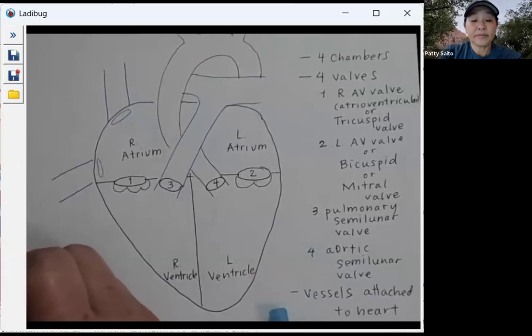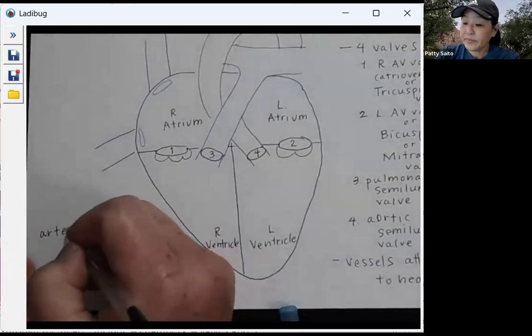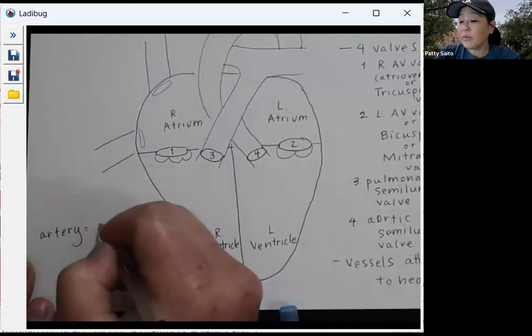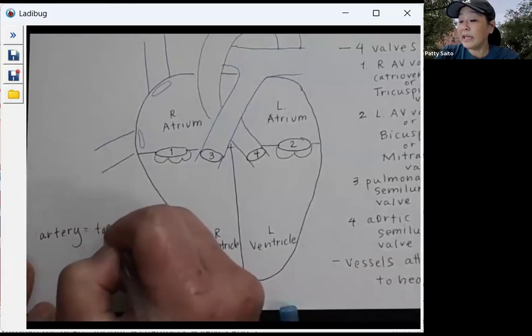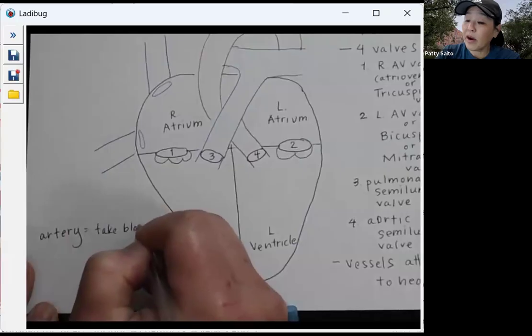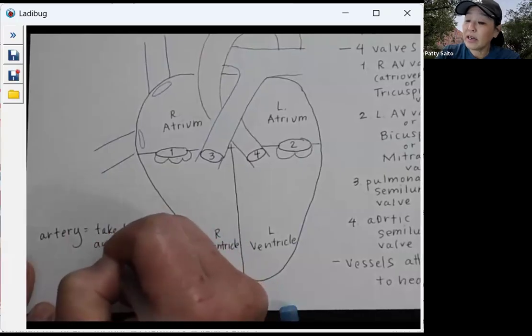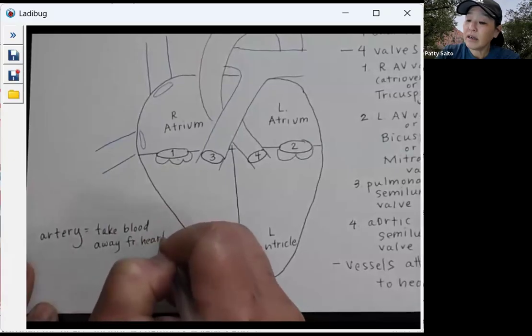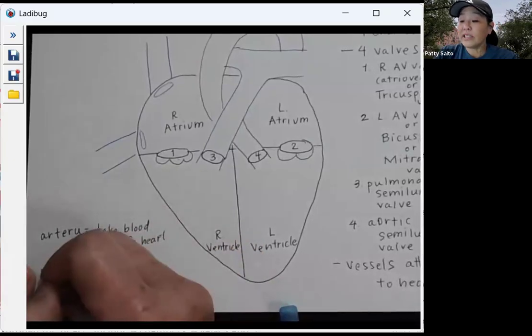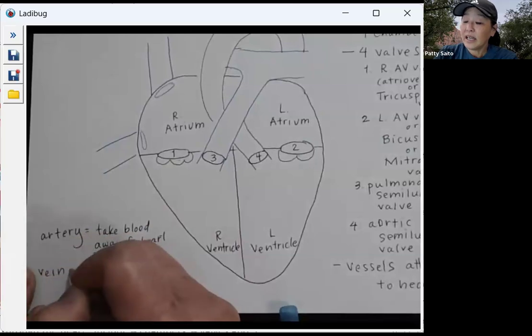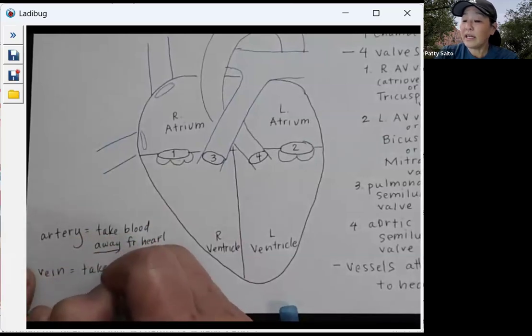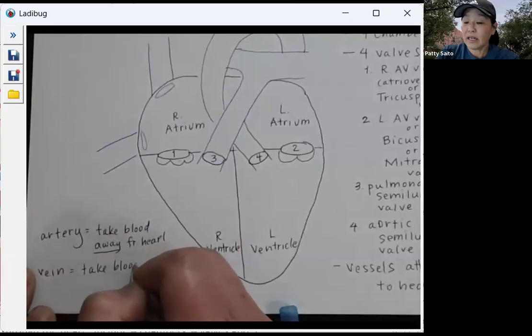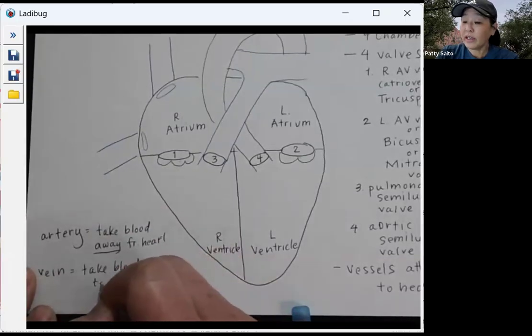Now I drew them as blue, and so I'm going to distinguish between arteries and veins. An artery will take blood away from the heart, whereas veins will take blood to the heart.